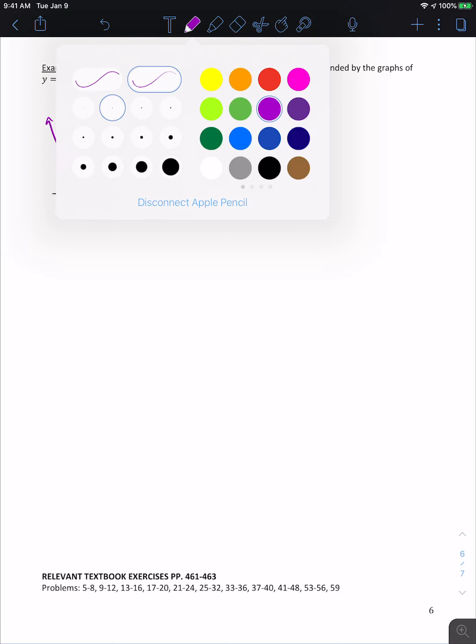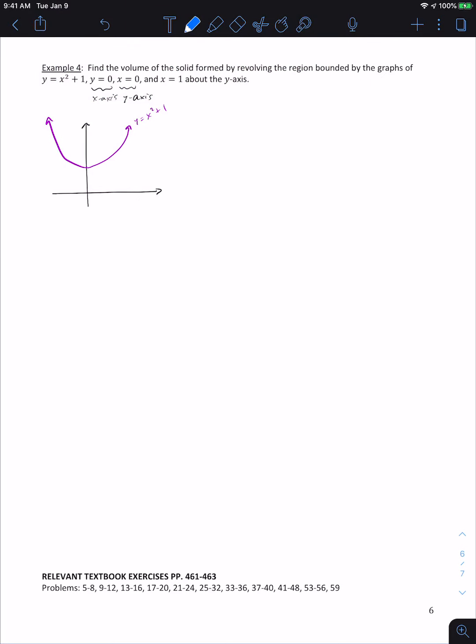And then the line x equals 1 would be at the x value 1 here, where we draw a vertical line. So we want to take this solid here. Remember, it's a solid bounded by y equals x squared plus 1, x equals 1, the y-axis and the x-axis. So this is our piece of area, and we want to revolve that around the y-axis.